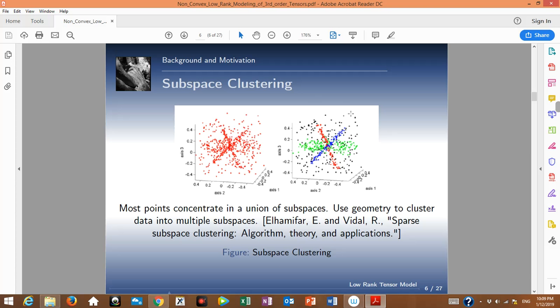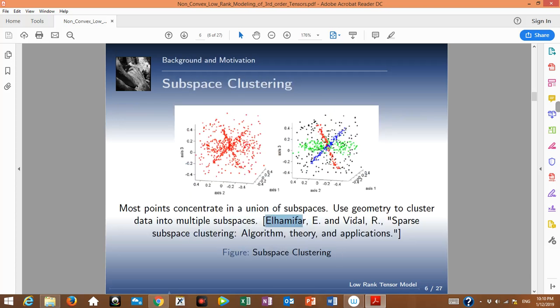Of course, there are some outliers, but that is like the sparse error before. This is called subspace clustering. Subspace clustering is different from traditional clustering methods. In subspace clustering, we try to use the geometry of the subspaces to cluster data into multiple subspaces. This was proposed by Elhamifar and Vidal.